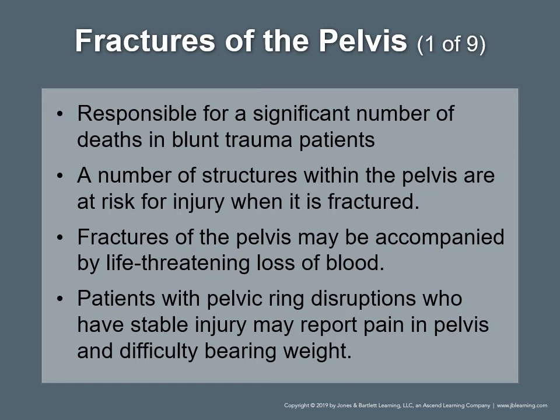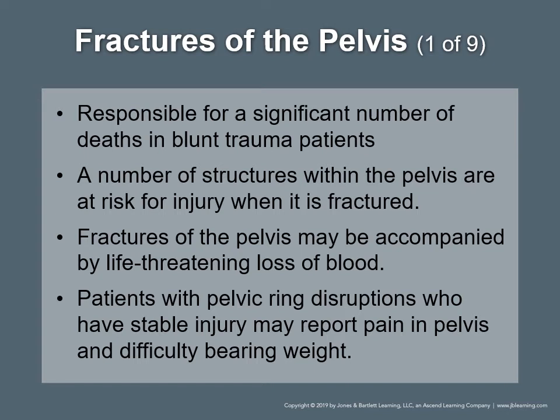Fracture of the pelvis. Relatively uncommon injuries accounting for fewer than 3% of all fractures, they are responsible for a significant number of deaths in blunt trauma patients. Death after a pelvic fracture results from massive hemorrhage. Disruptions of the pelvic ring occur secondary to high energy trauma, such as crash injuries, motorcycle crashes, and falls from significant height.